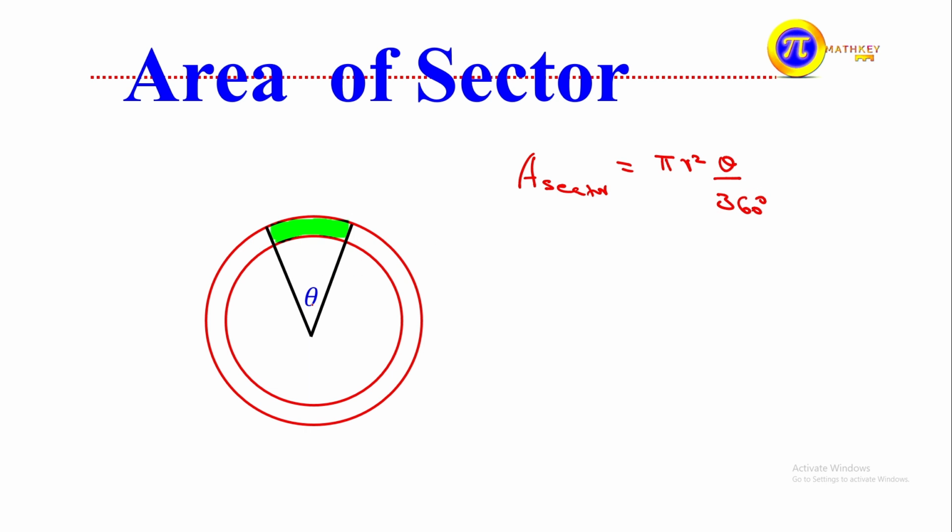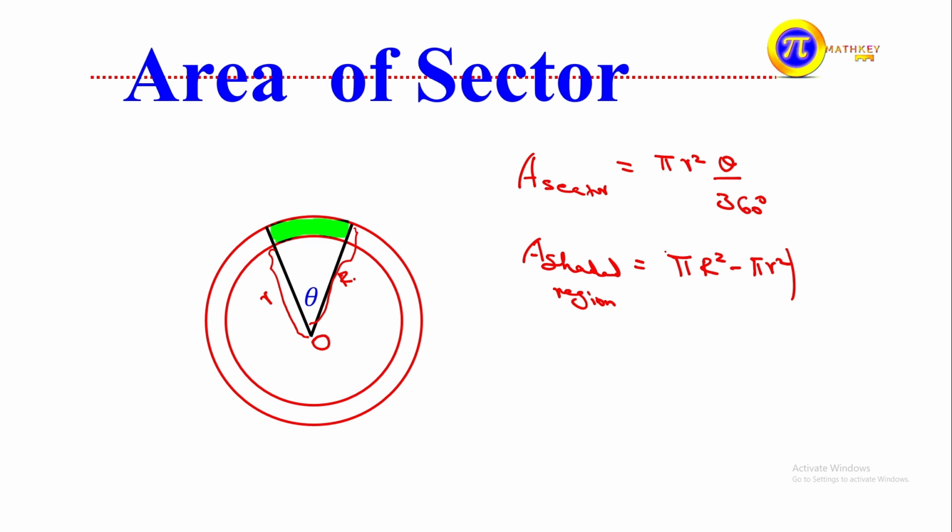But for our purpose, as we are familiar, if we take this as the larger radius, let it be capital R, and the smaller one from this to this, let it be smaller r. Since this is the center, how can we find the area of this sector shaded with green color? The area of the shaded region becomes pi capital R squared minus pi smaller r squared.